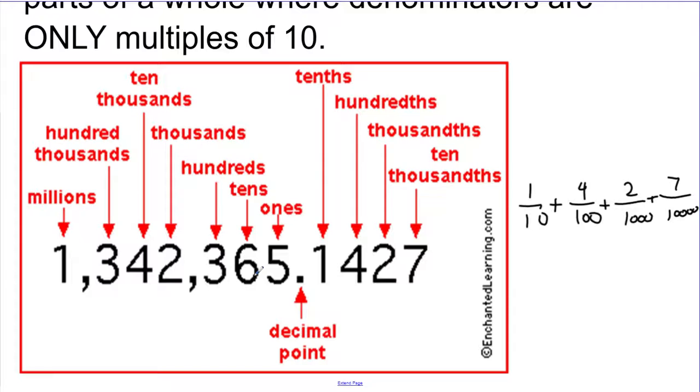Now obviously we don't want to have to do this with all of our problems, so if I want to name this, we're going to name it 1427 over 10,000. That's the easy way to do it. If we were to actually do common denominators and add together these pieces, this is what we'd get. The idea is that this 0.1427 represents some chunk of a whole unit, just like a fraction would, but we're only sticking with multiples of 10 because our number system is all made simple using multiples of 10.